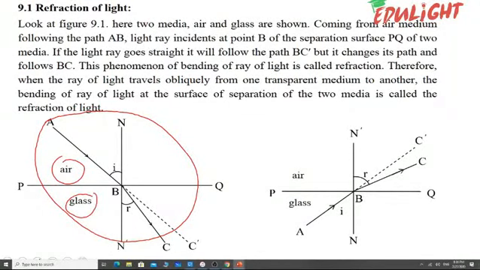That means instead of reflecting back into the same medium, it will bend into the other medium instead of going along the same path as the incident ray.